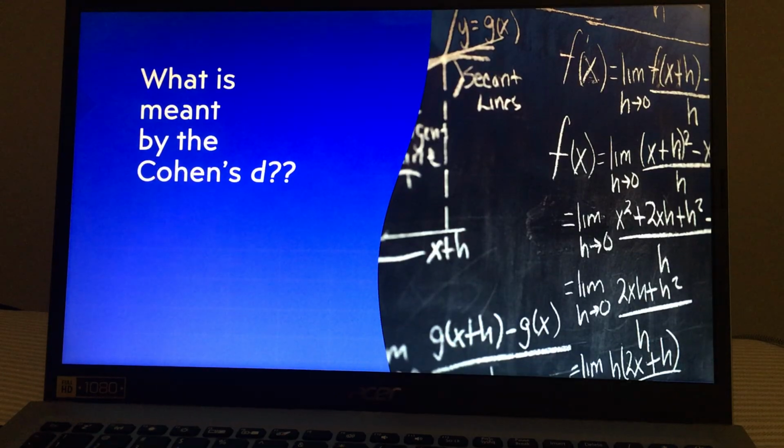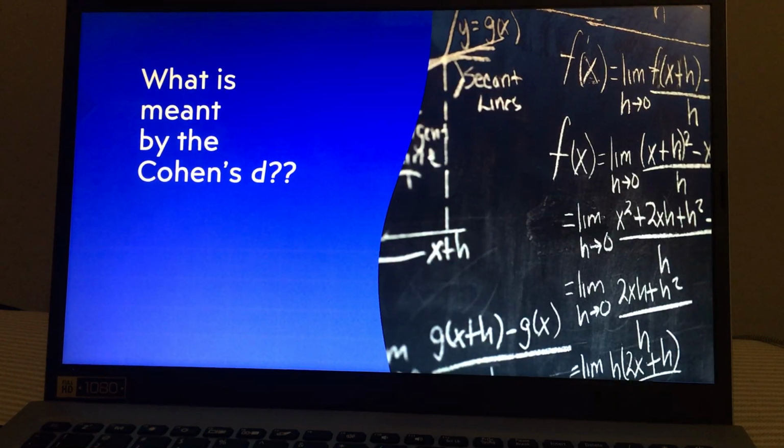So now we're going to look at Cohen's d for our students' t-test. The majority of discussions of Cohen's d focus on a situation that is analogous to the students' independent samples t-test.